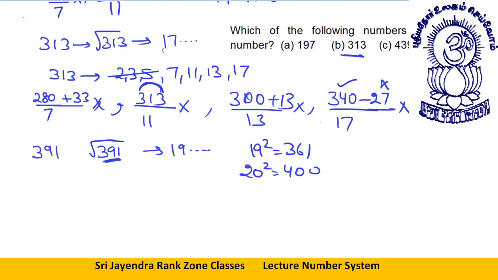Now, if I divide 391 by, what is the list? 2, 3, 5, 7, 11 and 13 and last 19. 2, 3, 5, I don't need to check. 7, if I divide this by 7, I will get 35, then 41. So this is not divisible by 7.